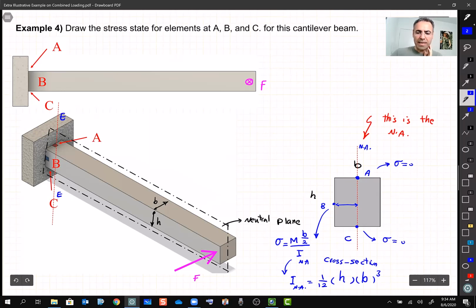And if it is our neutral axis, then remember the formula that we learned for bending? Sigma was My divided by I. We said always I is the moment of inertia about the neutral axis, and y is the distance between the point that we want to calculate the stress at and the neutral axis, right? It's just that in this example, we flip everything 90 degrees. Rotate everything 90 degrees, or you just rotate your notebook or screen 90 degrees.